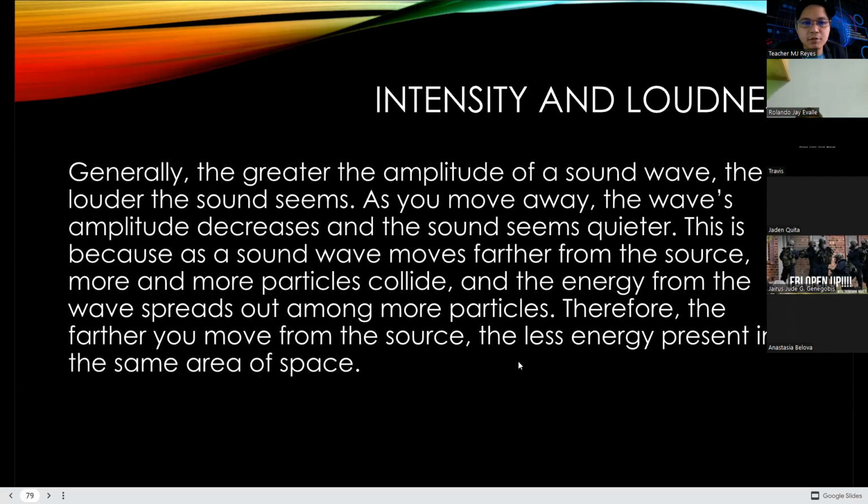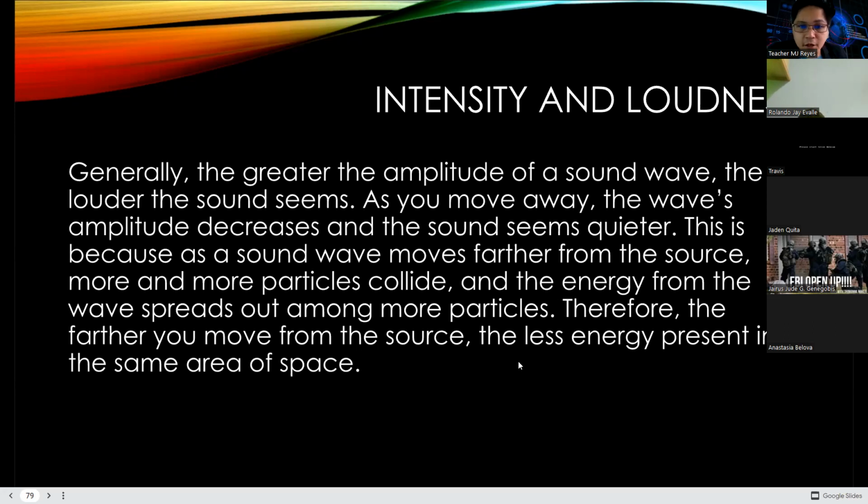Again, intensity and loudness. Generally, the greater the amplitude of a sound wave, the louder the sound seems. As you move away, the wave's amplitude decreases and the sound seems quieter. This is because as a sound wave moves farther from the source, more and more particles collide and the energy from the wave spreads out among the particles.